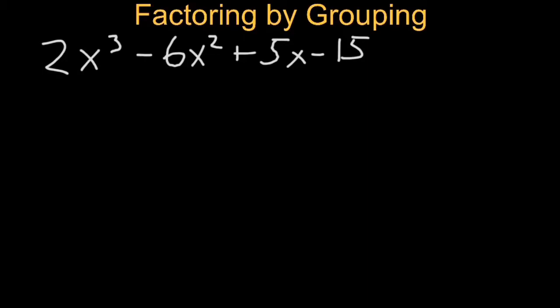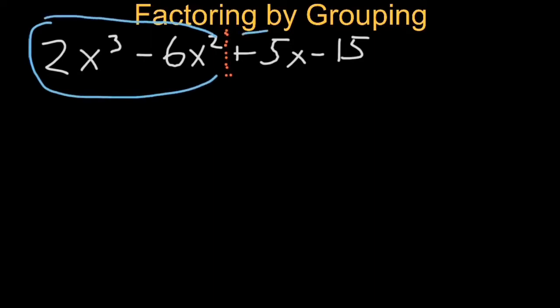So imagine that we have an invisible line between these. What we're trying to factor is this part right here and this part right here separately. So let's factor out the first part, 2x cubed minus 6x squared.